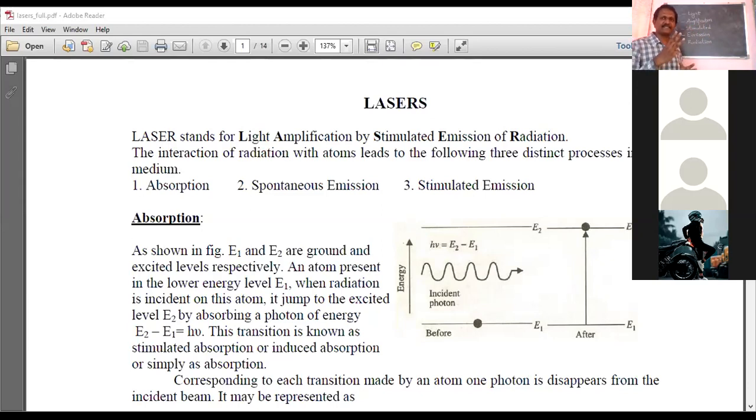But the third way of movement of energy from one point to another point is radiation. Radiation is nothing but the light which is coming from the sun to the earth. Radiation requires no medium.